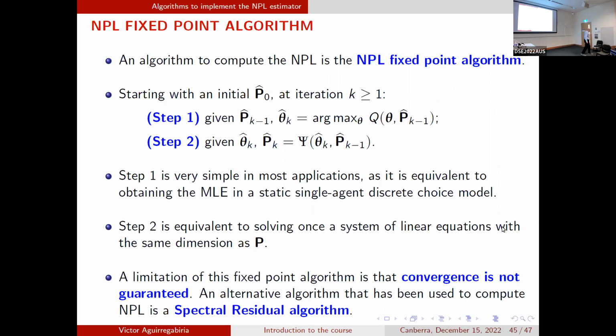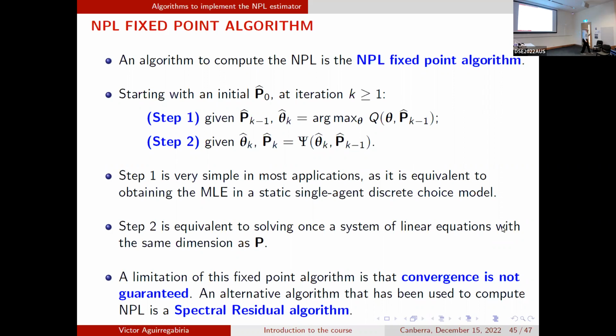There are a good number of applications where this works nicely, and a good number of examples of people that have shown that this doesn't work nicely at all, where there is no convergence at all. Then this is definitely an important issue of this algorithm. Now, let me emphasize that this is not an issue of the estimator. In principle, of course, if you don't find any algorithm that converges, it will be an issue of the estimator too. But in principle, it's an issue of this algorithm.